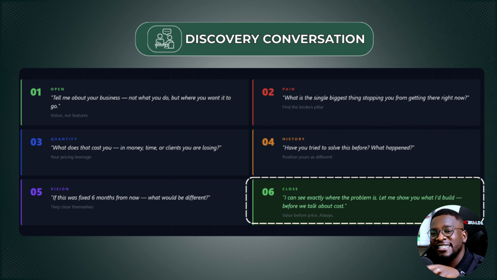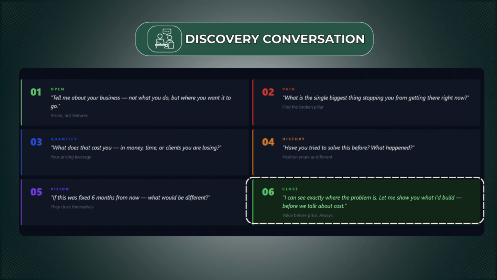I am actually delaying giving the price, such that the user first understands and sees value in whatever we are going to offer them. Now, this is the discovery code. You can copy it. I'll also leave it in the comments, in the description below, so that you can use it wherever you are dealing with your clients.